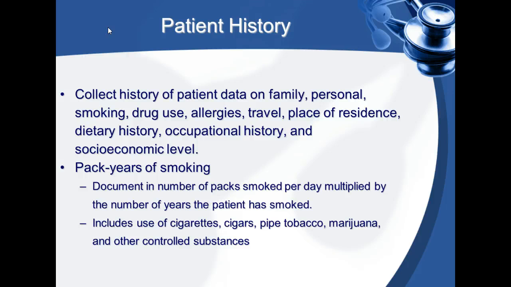When you are taking a patient history, for example, you need to collect the patient's data on family, personal smoking, drug use, allergies, travel, place of residence, dietary history, occupational history, and socioeconomic level.